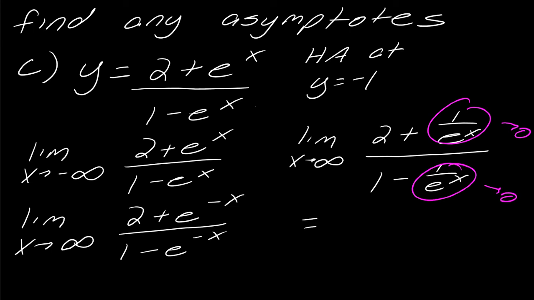So this whole value then will just be 2 over 1, so this just equals 2. So, oops, I'm sorry, I dropped those negatives here. Should be a negative here and here. So what this means then is I have a second horizontal asymptote at y equals 2. So I've noted both of those here. So that one's a little tricky. Sorry, my dog is barking.